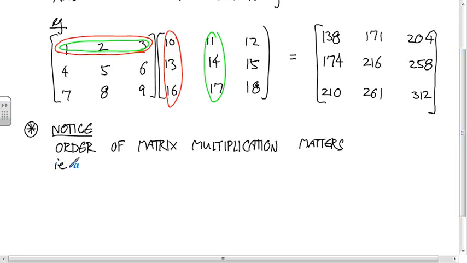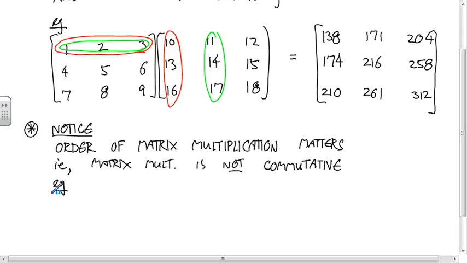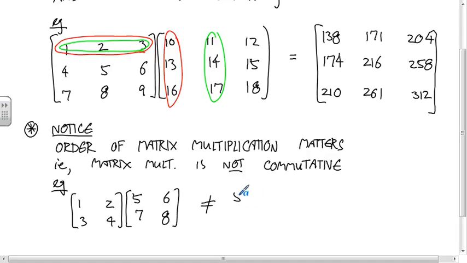So in other words, matrix multiplication is not commutative. For example, 1, 2, 3, 4 times 5, 6, 7, 8 is not equal to 5, 6, 7, 8 times 1, 2, 3, 4. Okay.